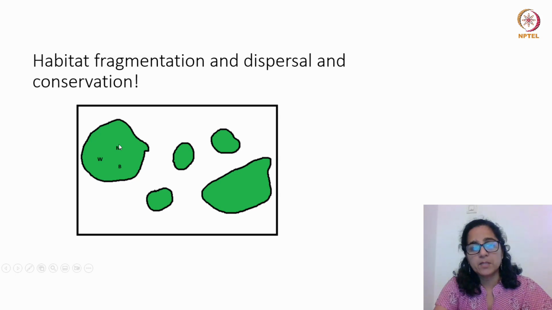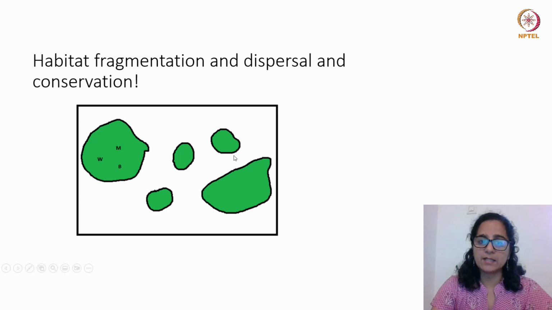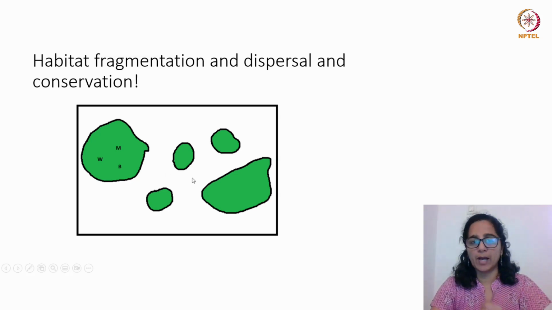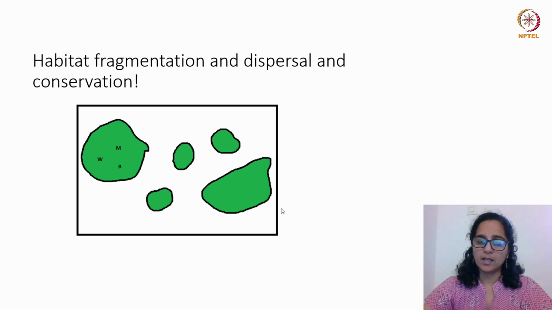So that becomes really difficult for the plant to survive elsewhere, right? So these are conservation issues where people are thinking about how we connect these habitat patches. Can we connect them to facilitate movement of animals from one area to another and hence help in dispersal of these seeds? So these are important points. I'm not going into detail about this due to lack of time, but you should think about it.